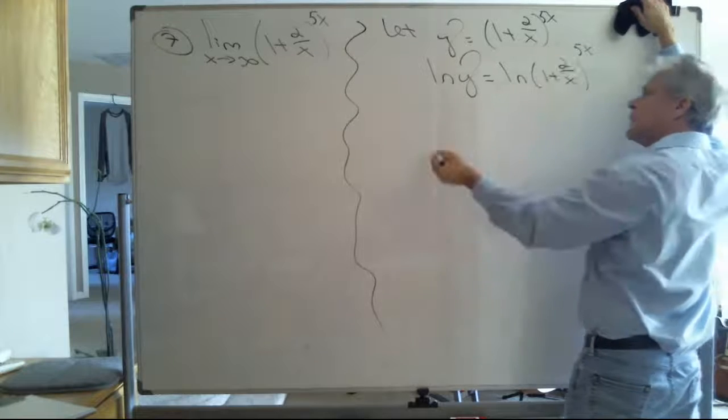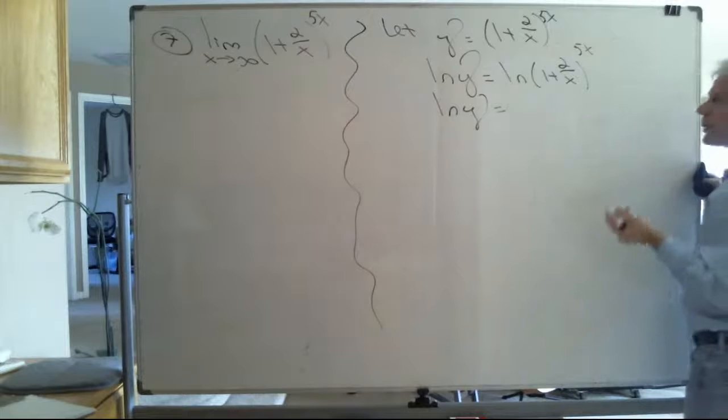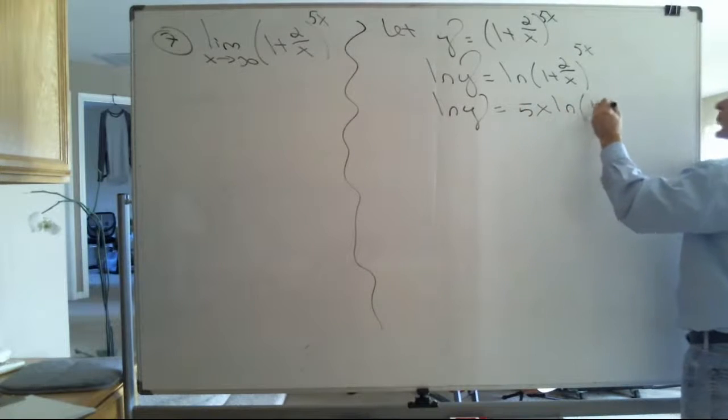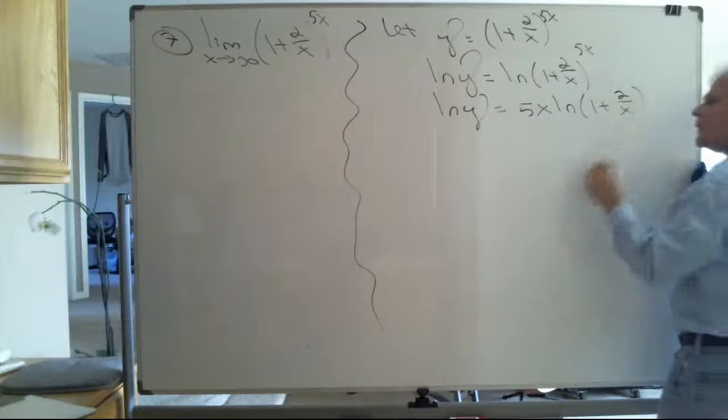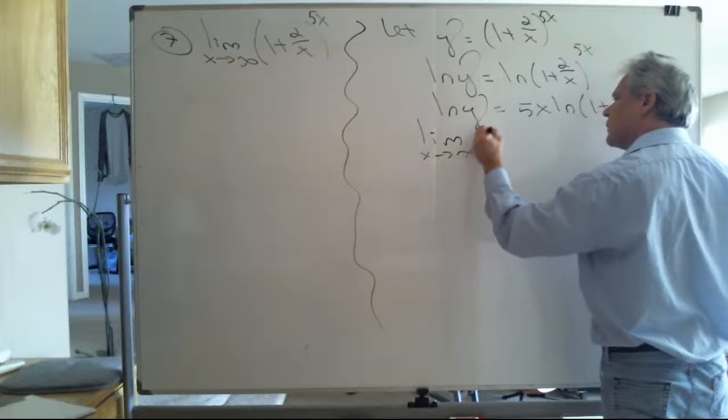The nice thing about having that natural log is on the right-hand side, I get to exploit that third basic property of exponents by bringing the exponent down to the level of everything else by multiplication. And notice what happens when I try to take the limit as x increases without bound.